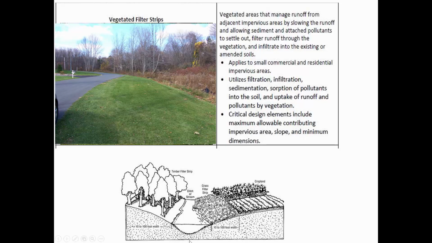This figure is showing if you have a stream and you have a filter strip before that stream. It's called a filter strip because the water quality is improved. The type of water that comes off of roadways has oils, it can have some of the hydrocarbons from fuel. Salt is applied to roads and sand for grit to help people get traction.